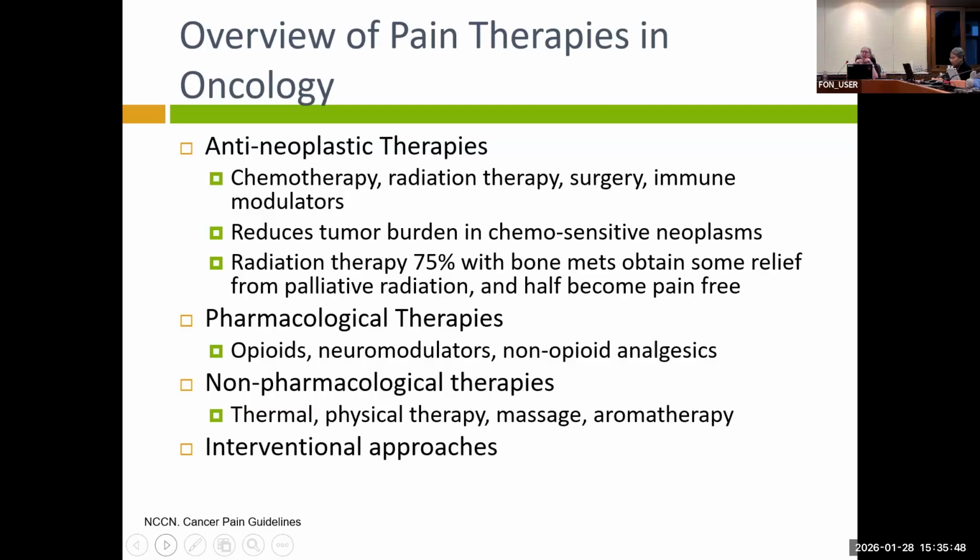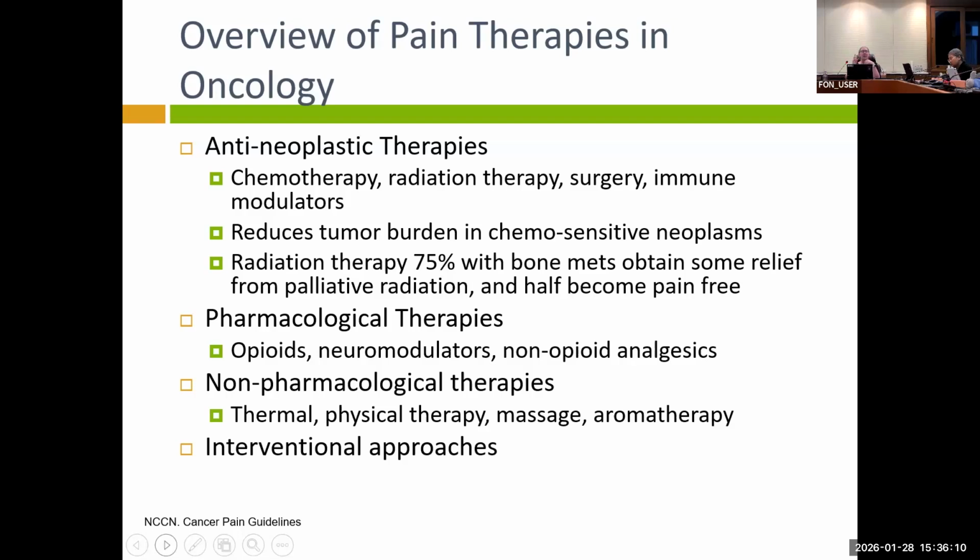Okay, these are all therapies to do that. So you reduce the tumor burden in chemosensitive neoplasms, or with radiation therapy, we're hopefully reducing, for example, bone metastases to obtain some relief.